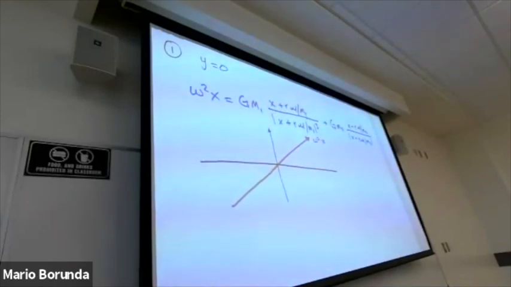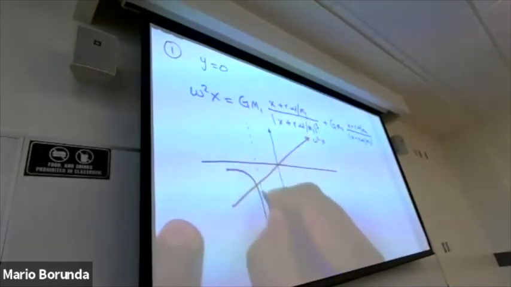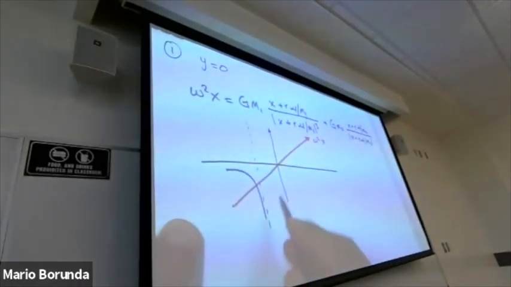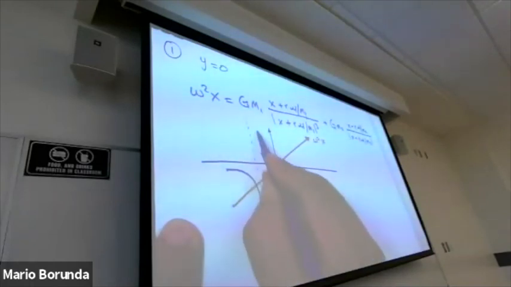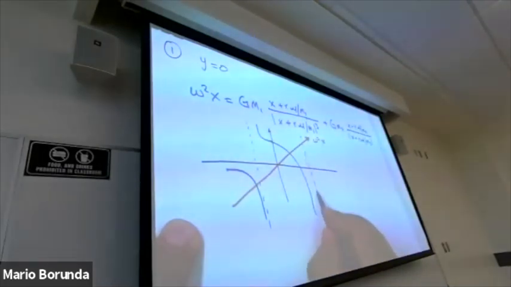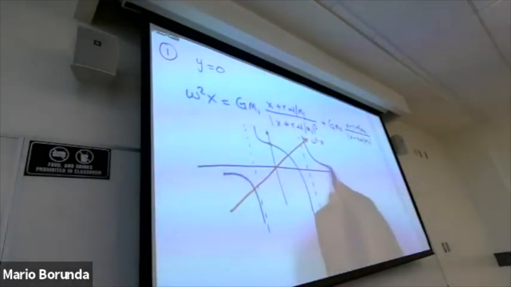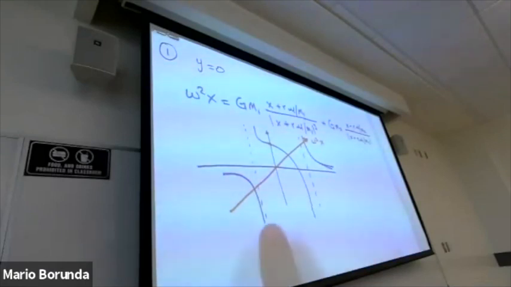And then if we look at that, we'll have a portion that looks like this. Now I'm plotting the other side. This, and like that. So those are the points where that equation is equal.